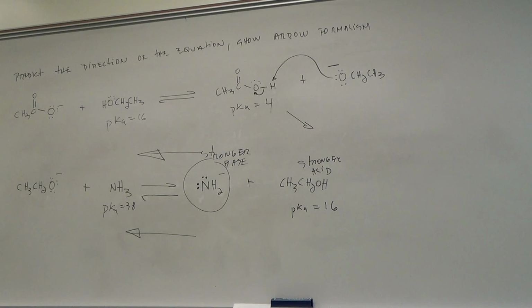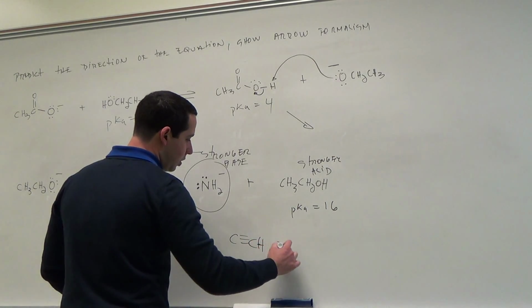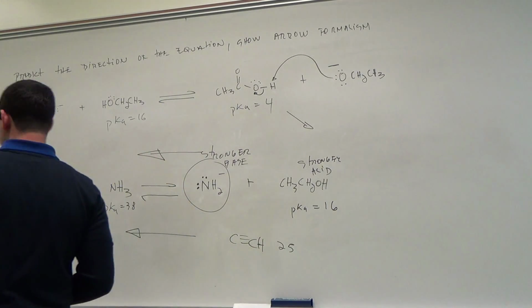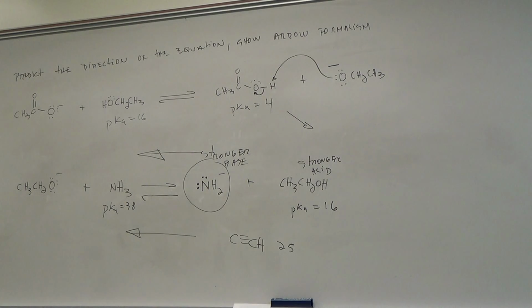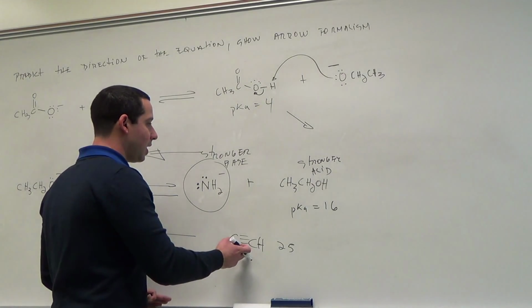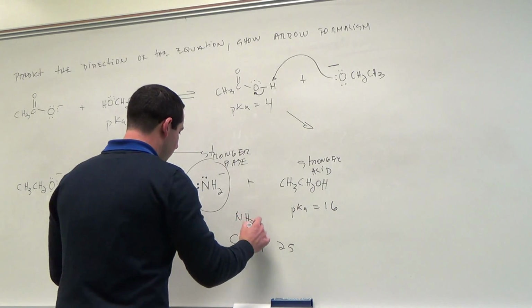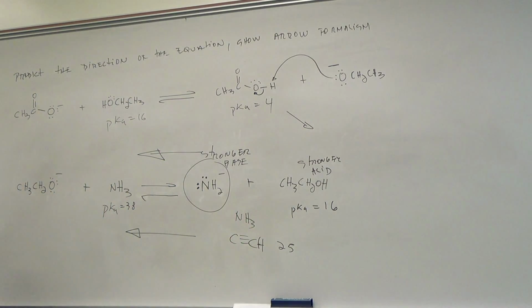After that comes things like triple bonds. This hydrogen on a triple bond is about 25. And after that comes things containing nitrogen in the 30s.